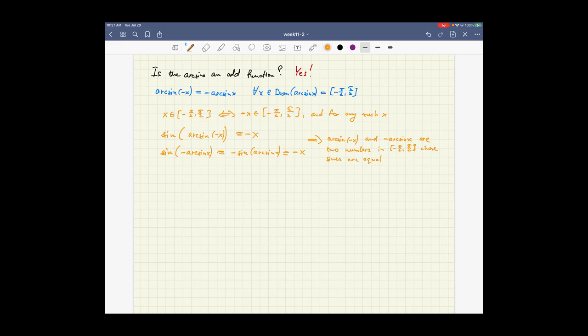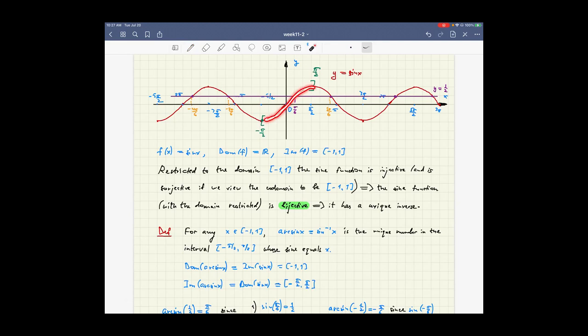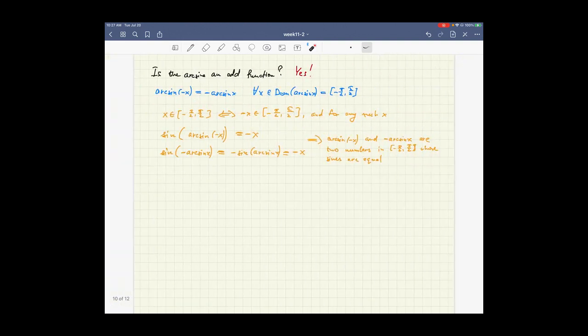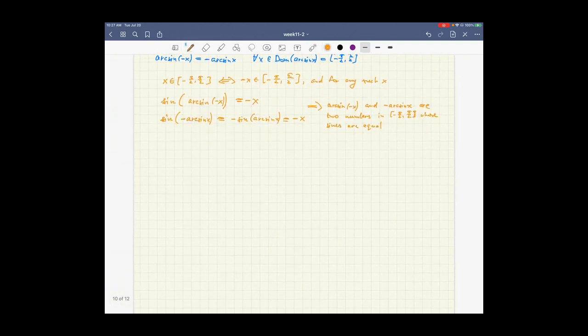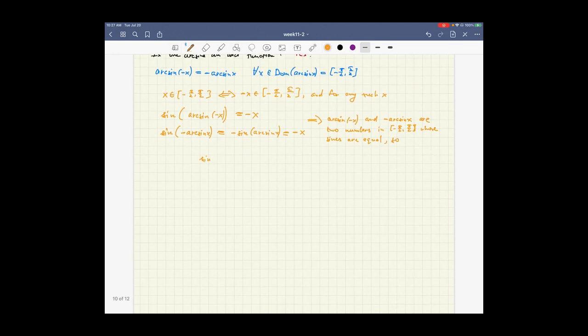And because on that interval the sine function is injective, the fact that sine of arcsine of negative x equals sine of negative arcsine x, and sine being injective on negative pi over 2, pi over 2, implies that the arguments are equal.